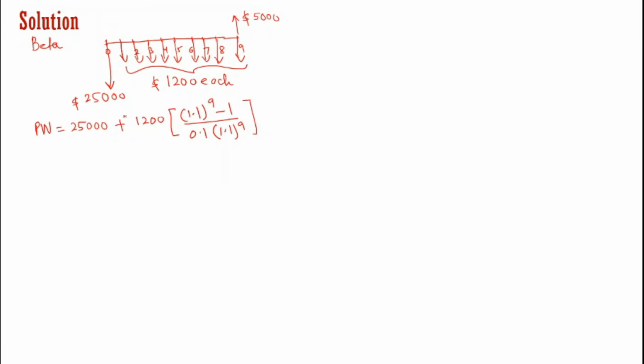And of course, if we consider these signs to be positive, so this is a transaction upward. So of course, this will be with a negative sign, treating this as a future worth and converting or transferring this at the present point of time. So this will be F upon (1 plus i)^9. So if I calculate this, this comes out to be $29,790. So this is for 9-year economic life.